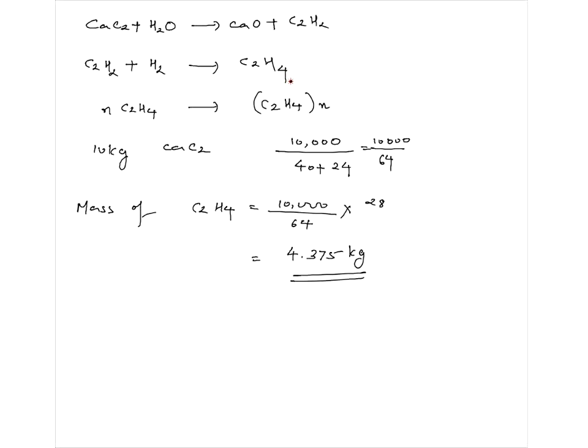If all ethene is converted to polythene and there is no other thing which is getting added, then whatever is the mass of ethene, same should be the mass of polythene. So if the question is asking 10 kg of calcium carbide can give how much weight of polythene, then the weight of polythene is same as the weight of ethene, because you are not adding something to it whose mass should be added, and there is no side reaction taking place.